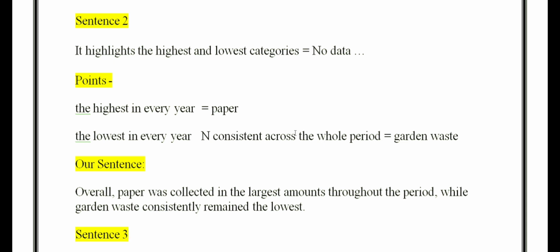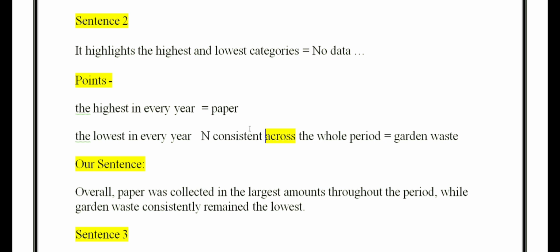Now hope you have remembered the word across, a good preposition, was the garden waste. So we have taken the highest and the lowest. You can take as many as you want. You can write only one sentence as the overview paragraph. You can write two speaking about the high and the low. You can merge even the averages.